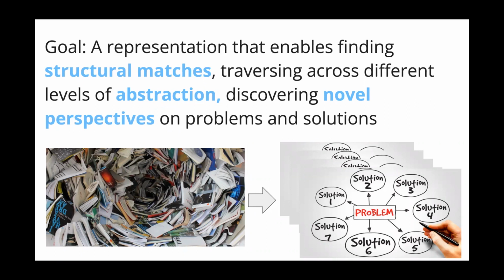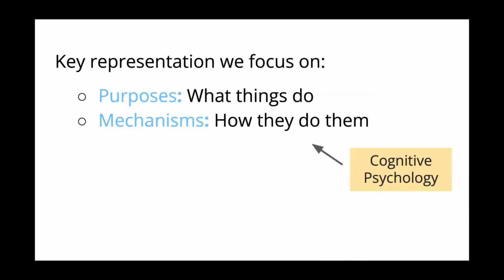Our goal in this paper is to obtain a representation of ideas that can bring us closer to this vision. And we do this by focusing on a representation inspired by research on cognitive processes of creativity that show the central role played by functional aspects of ideas, namely purposes and mechanisms. We use this representation to enable new interactions with idea repositories powered by two key capabilities.